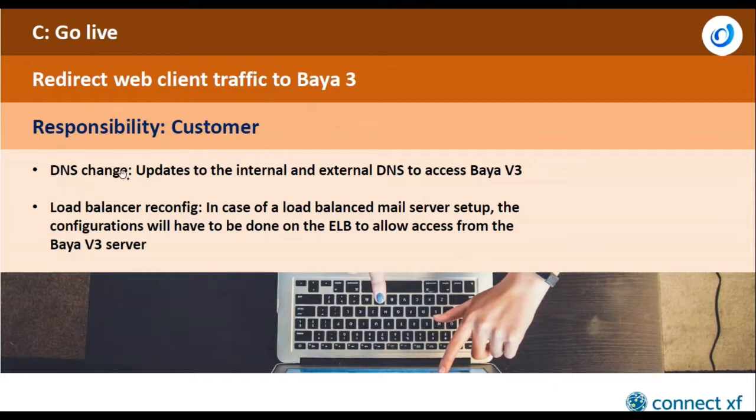So you will have to do the DNS changes in internal as well as external DNS and point the BIA 3 server to your webmail URL. If you have a load balancer in your setup, then the changes also have to be done in the load balancer to route all the BIA traffic or webmail traffic to the BIA v3 server.